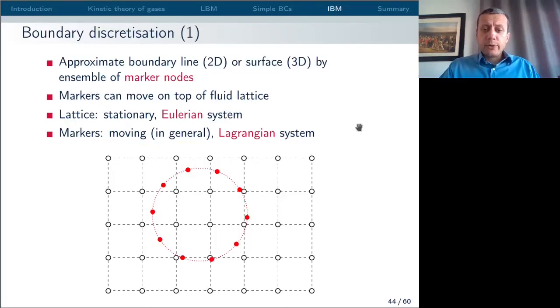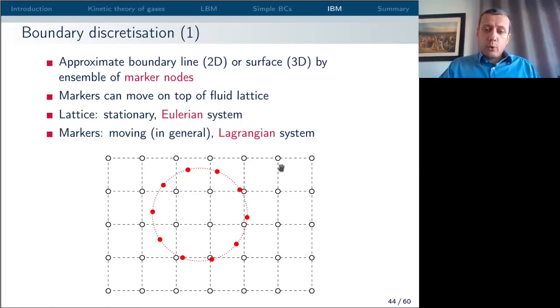So how does it work? You have a regular lattice for the fluid, and you have some kind of mesh here in 2D that describes the surface of an immersed boundary. The trick here is that these markers in red can generally move in space. You can have a moving boundary, and the lattice is stationary, right?